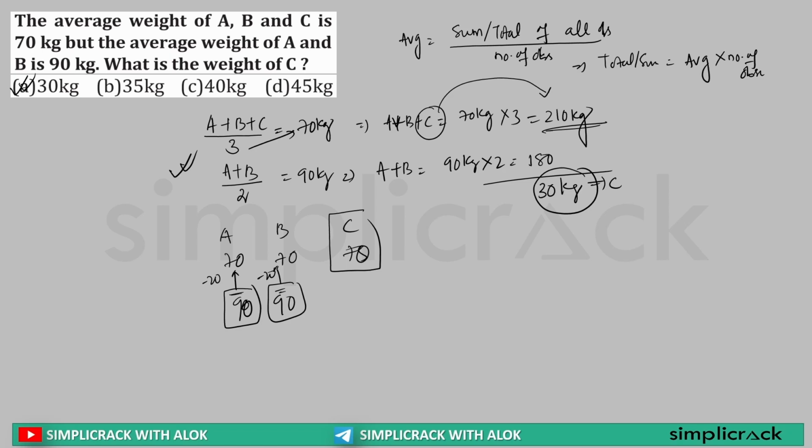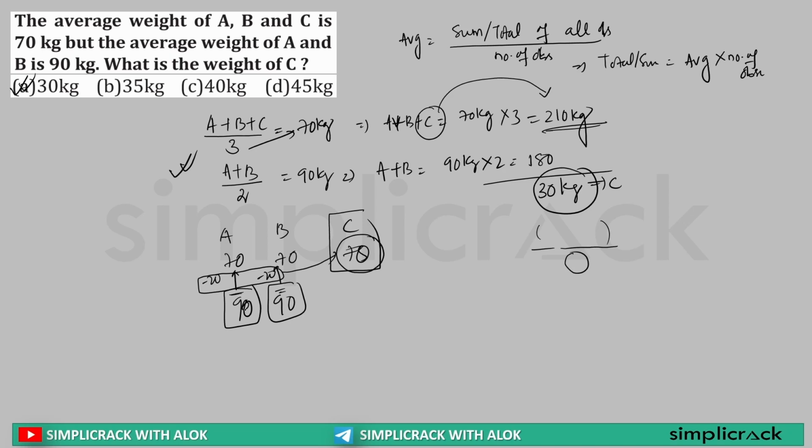That means, sir, this number has been added here. And the average weight of C became 70. You are getting the point or not? What happens in an average? You add all the values and divide by the number of observations. So the total value is being added for each and every number.